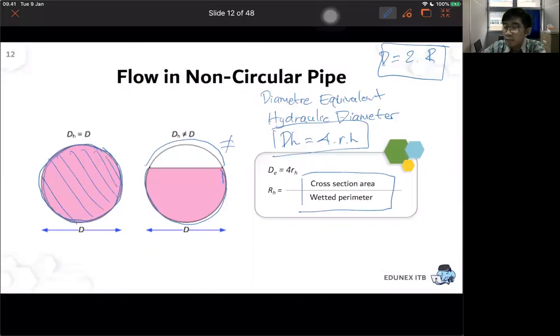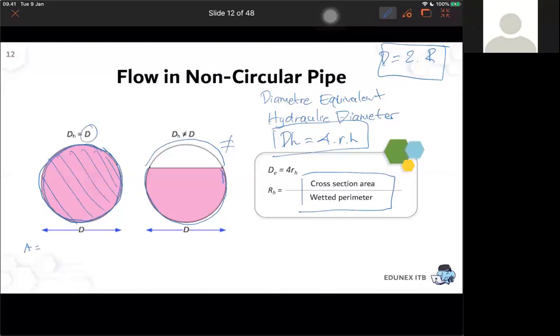So for this one, if you know the diameter, what is the formula to calculate the cross-section area? Pi r squared. In terms of D, it's 1/4 pi D squared.